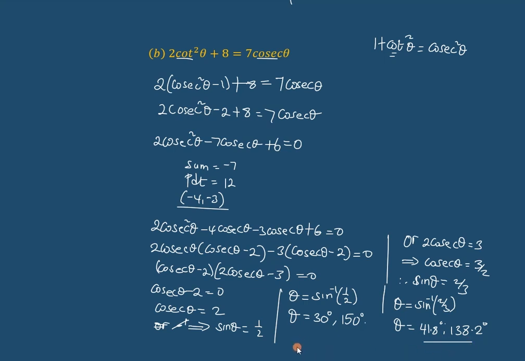If I want to write them in order, I have that theta is equal to 30 degrees. The other one is 41.8 degrees. I have another one as 138.2 degrees, and the last one is 150 degrees. Those are the solutions to that particular equation.